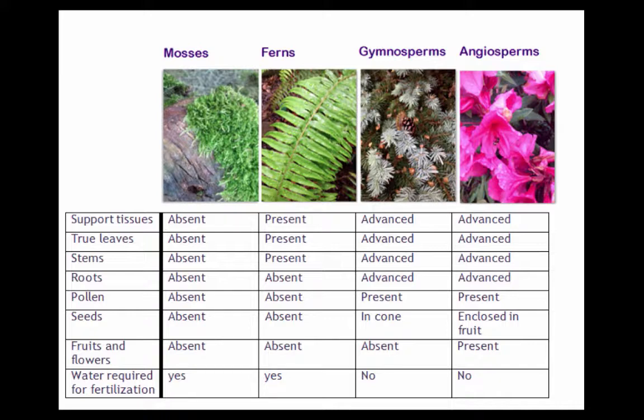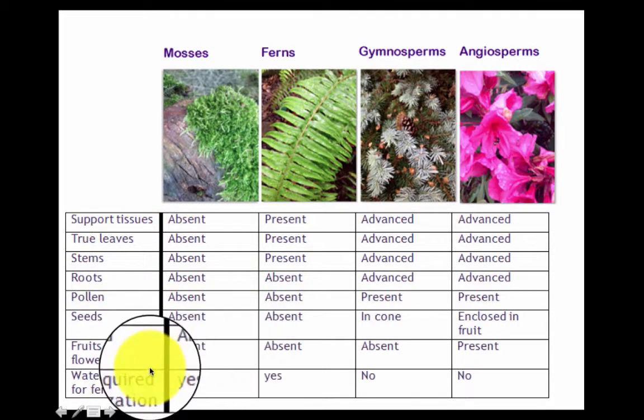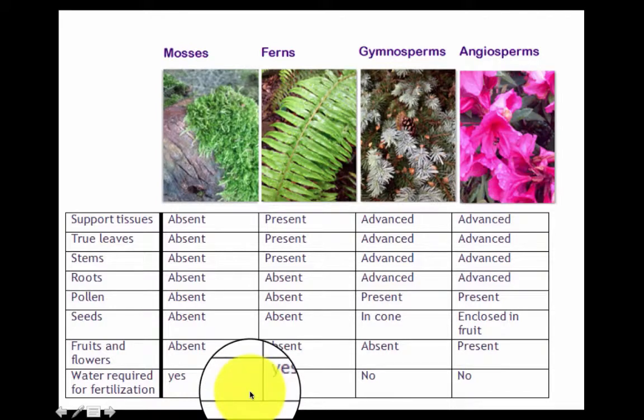The leaves that you see there are very much the very beginning of leaf formation in the evolutionary scheme. They don't have stems, they don't have roots, they don't have pollen, they don't have seeds or fruits. And they require water to get fertilized.